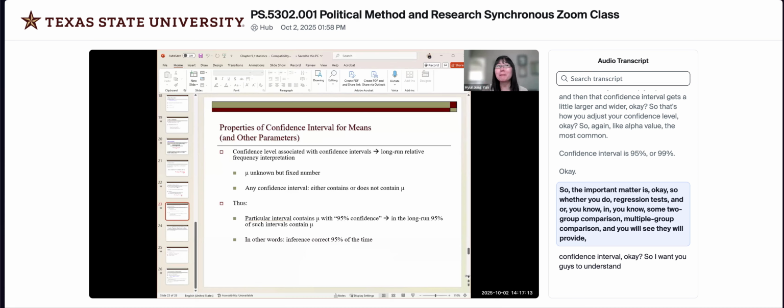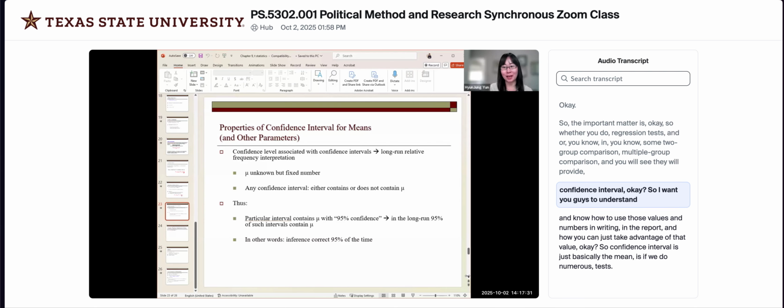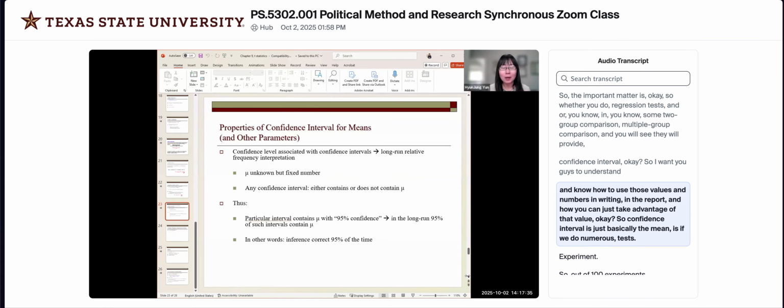So the important matter is, whether you do regression tests or some two group comparison, multiple group comparison, you will see they will provide a confidence interval. Okay, so I want you to understand and know how to use those values and numbers in writing the report, and how you can take advantage of that value.